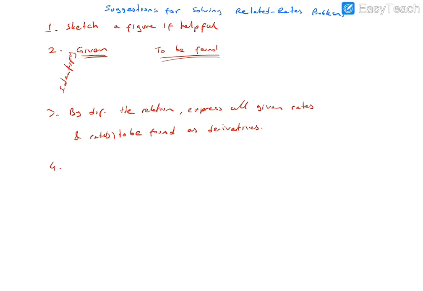Maybe we can express it in two parts. This part can be mentioned later. So find the equation first of all, an equation between the variables.